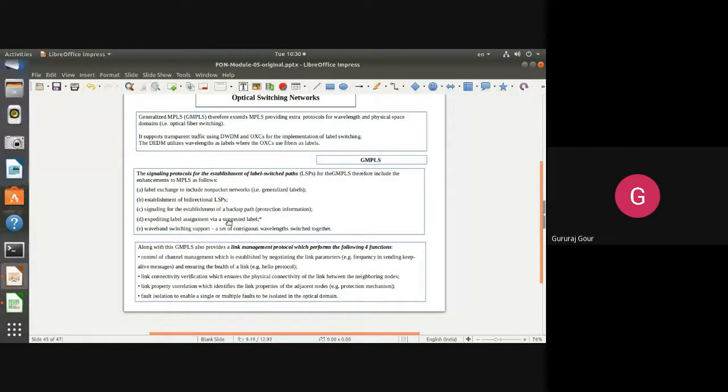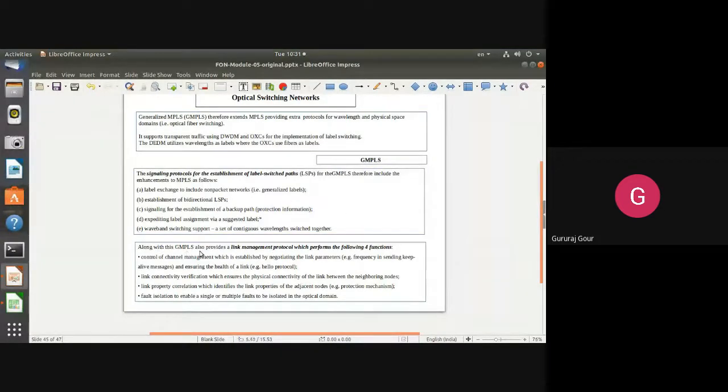Then label assignment via suggested label will be done, and at the end the waveband switching support, that is a group of wavelengths will be switched together. So these are the four steps by which the label switching path will be established with the help of such signaling protocols.